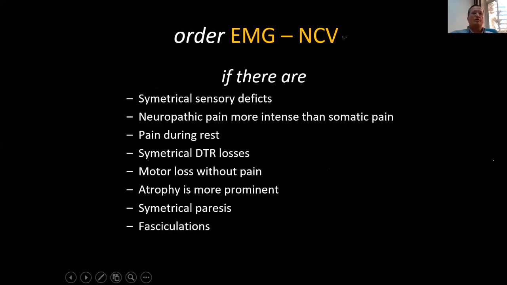Order EMG and nerve conduction velocity study if there are symmetrical sensory deficits, neuropathic pain, pain during rest, symmetrical DTR losses, more prominent atrophy, and fasciculations.